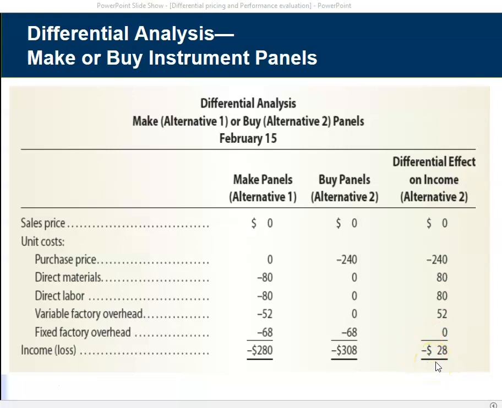I want to emphasize again, this is only possible when we consider the concept of relevant range that we studied, right? We were at 80% capacity. If we were at 90% capacity or 95% capacity, we would have to very much more closely consider our options.